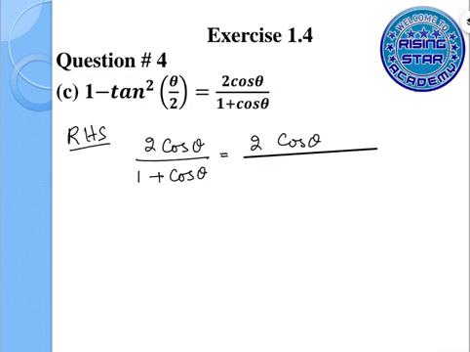That is 2 cos square of theta by 2. What about the cos theta? For cos theta, we know that the cos of 2 theta is equal to cos square theta minus sine square of theta. Let me rewrite.